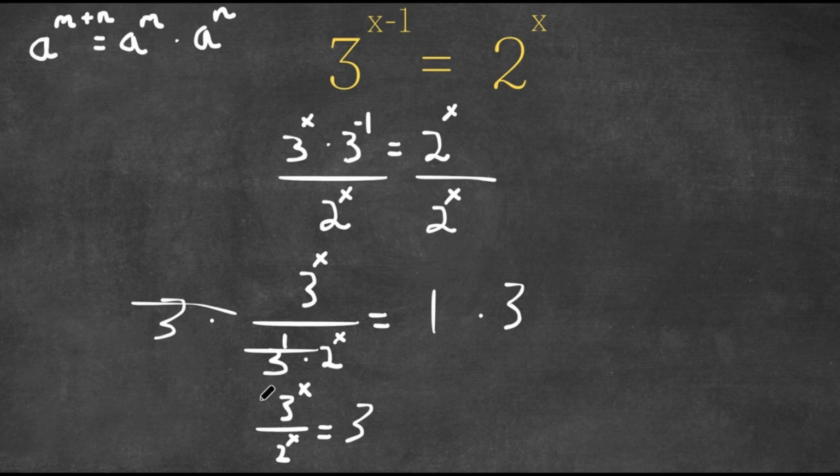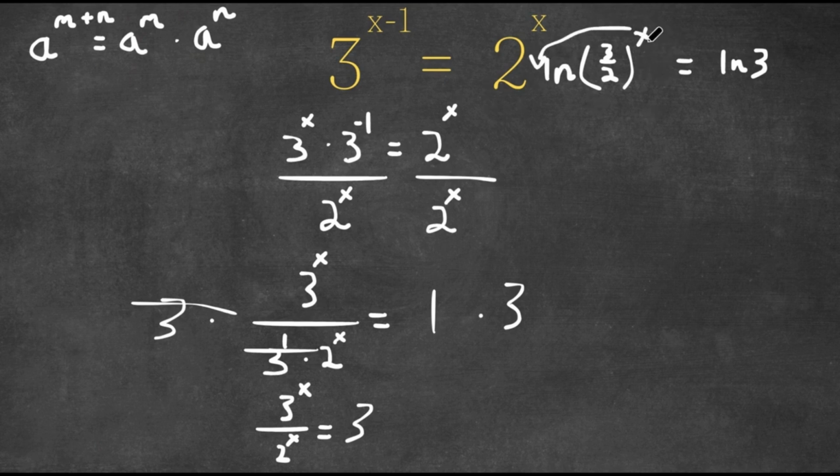So now this can be written as 3 over 2 to the power of x is equal to 3. Now if I take the ln of both sides, this exponent can actually be moved to the front of the ln because this is an important property of logarithms.